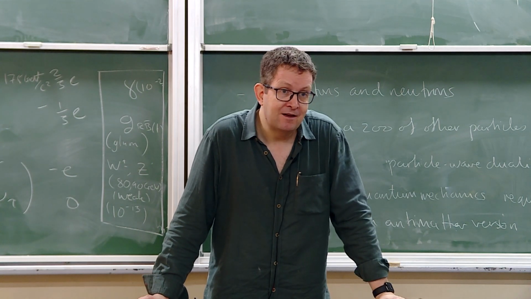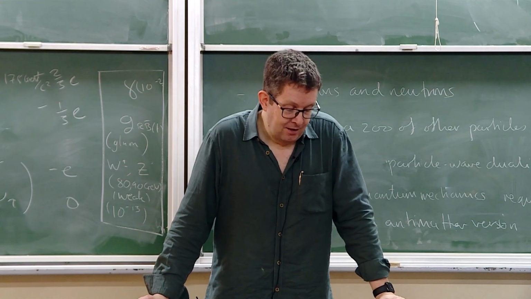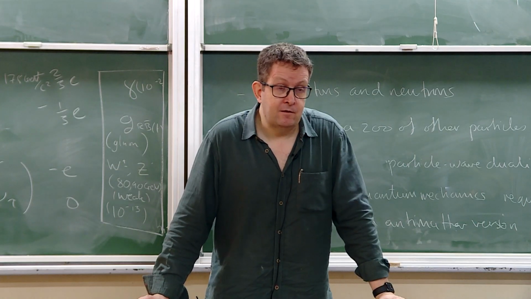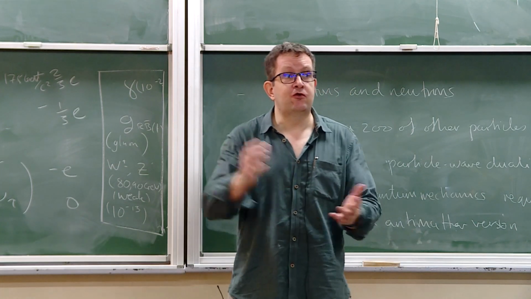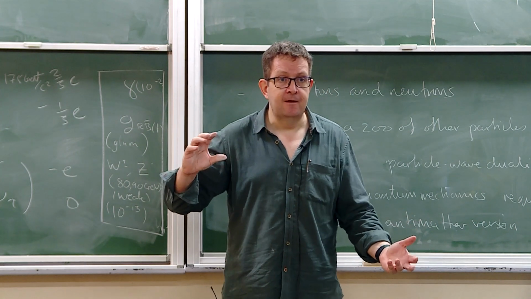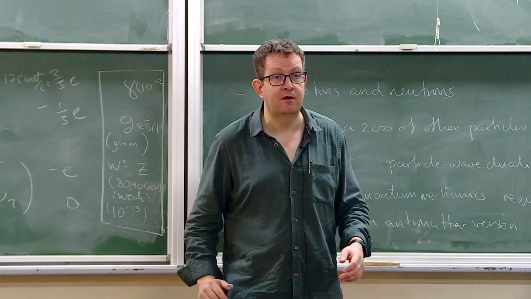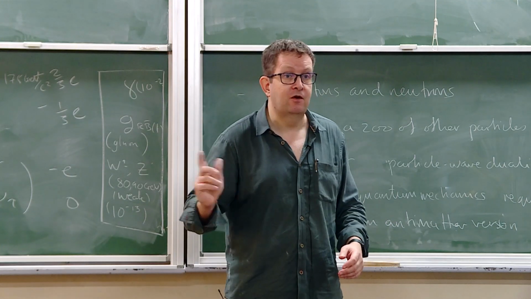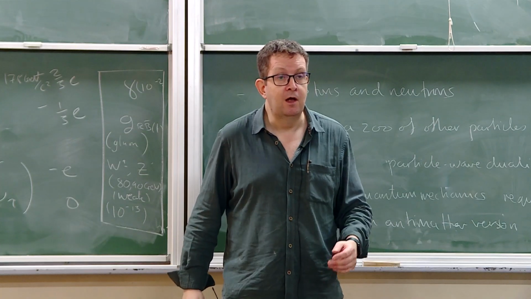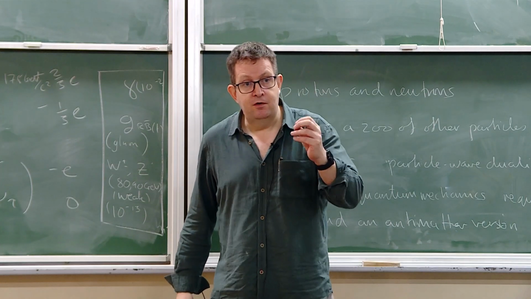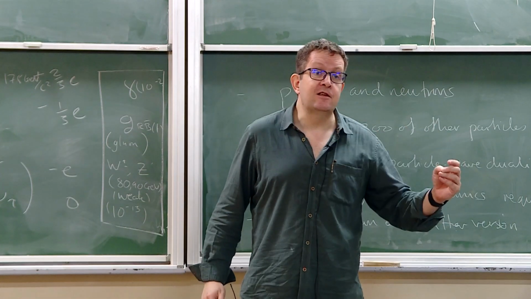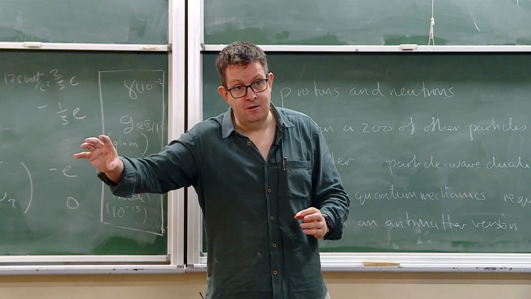Neutrons do decay. If you take a neutron out of a nucleus, it has a lifetime of roughly 13 minutes, and then it will decay to a proton, an electron and a neutrino. The proton has nothing to decay to because it's lighter than the neutron.